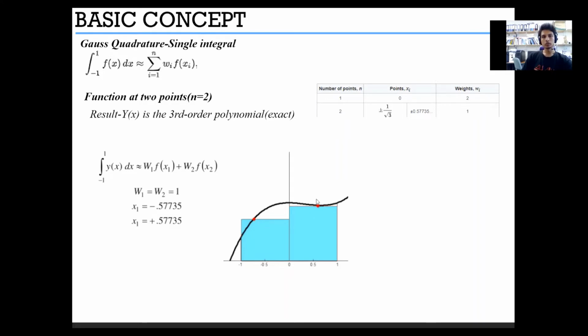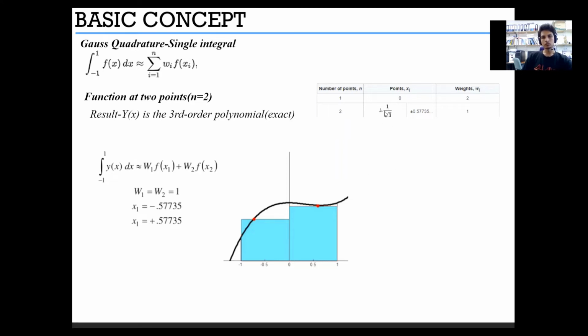So for the 2 points, we will find the table. Where is 2? Here the n is equal to 2. Then the x value will be according to the table: the values are +1 by √3 and -1 by √3.